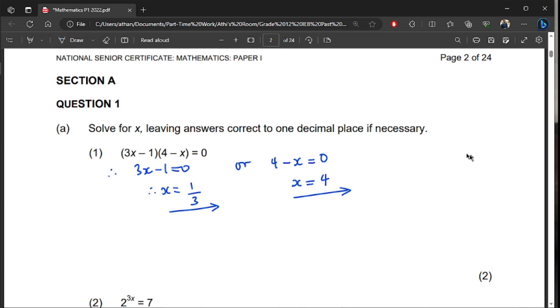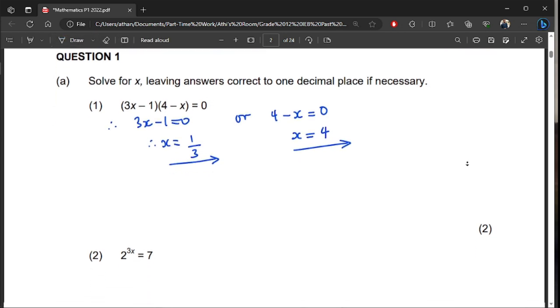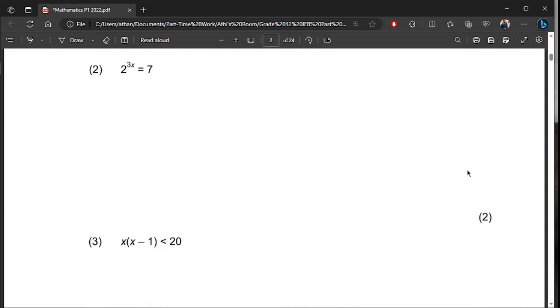Moving on to question 2, under solving for x. As you can see here, the x is displayed as an exponent. That means we will have to use log. Now there's a shortcut that I use for log.